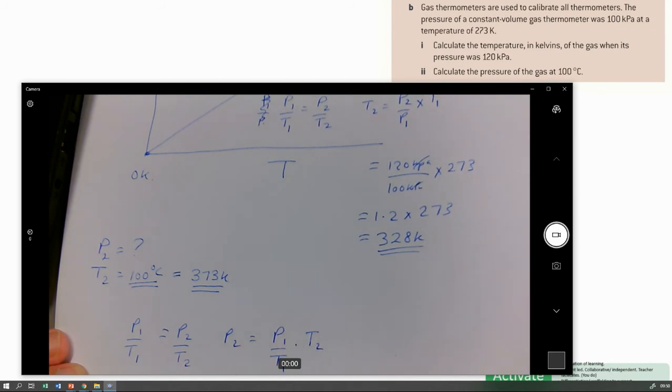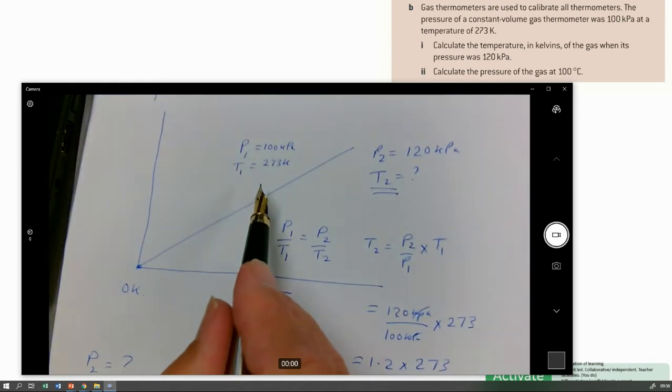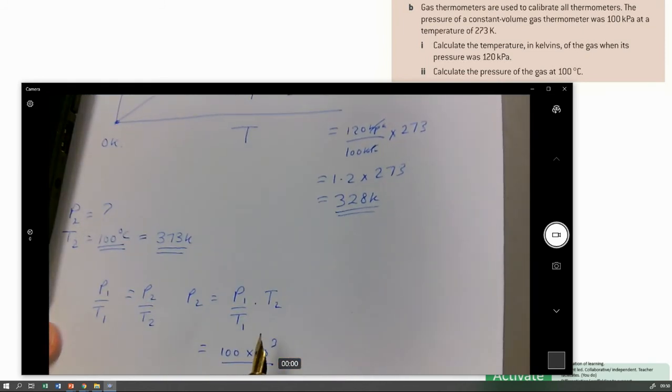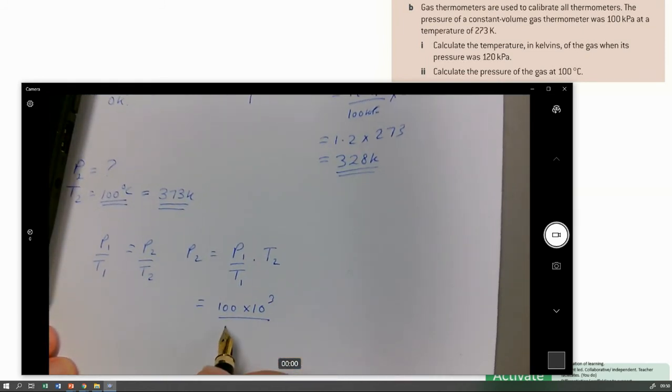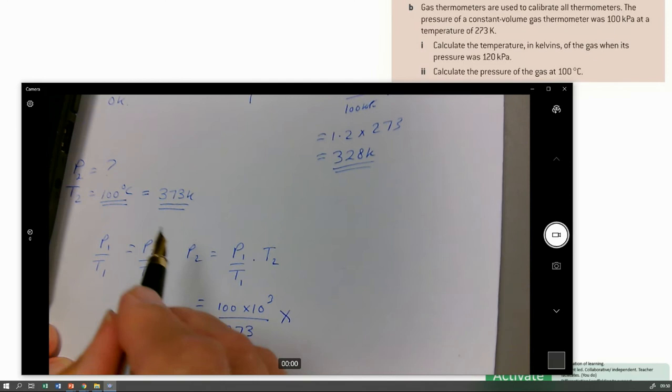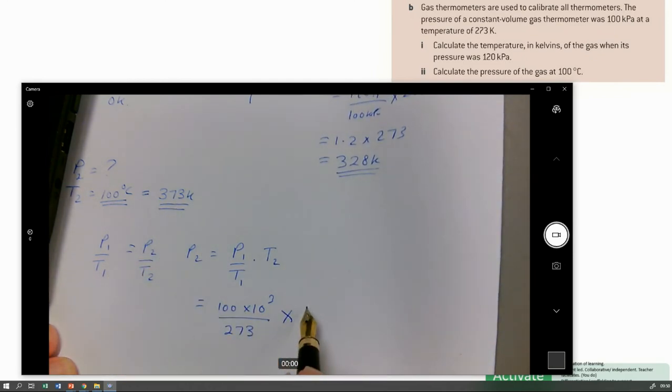We know that P1 is 100 kilopascals, 100 times 10 to the 3 pascals, divided by temperature 1, which was, sorry, 273 Kelvin, not degrees. Let's multiply that by our temperature of 373.